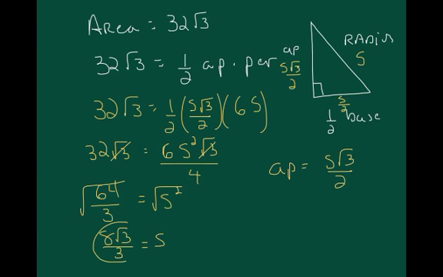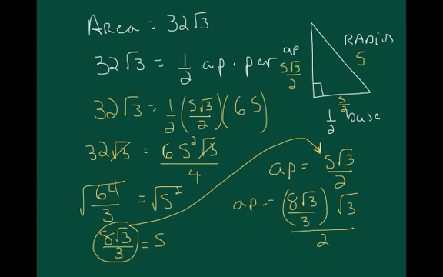So substituting this value in for s, I can see that the apothem equals a very complicated, complex fraction here, but it simplifies to be something not so bad, because the √3's on top will cancel with the √3 in the denominator, and we're left with just 8 over 2, which of course is 4. Now, the span has to be double that, so the span is going to equal 2 times 4, or 8.